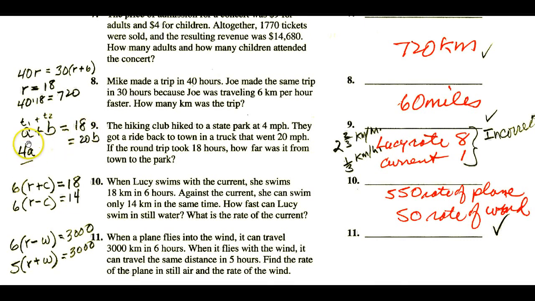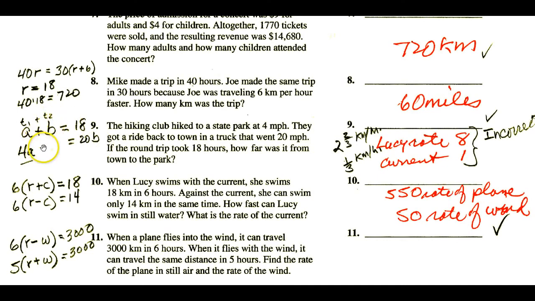And we know that 4 times the time, which is 4A, plus, well, that part of the trip, that was a certain amount of distance, equals 20 miles per hour of the second amount of time, which is our T2 up here.